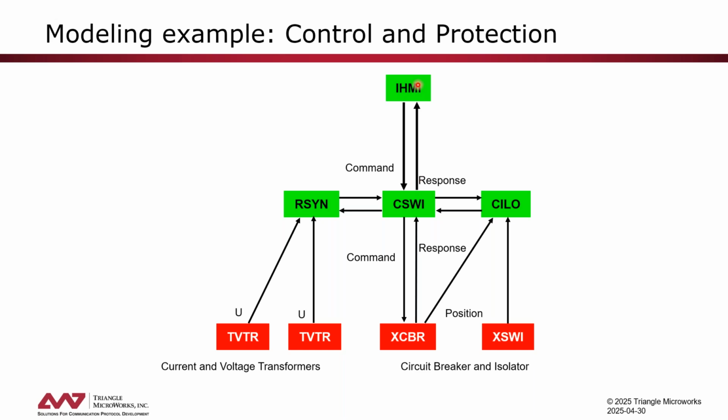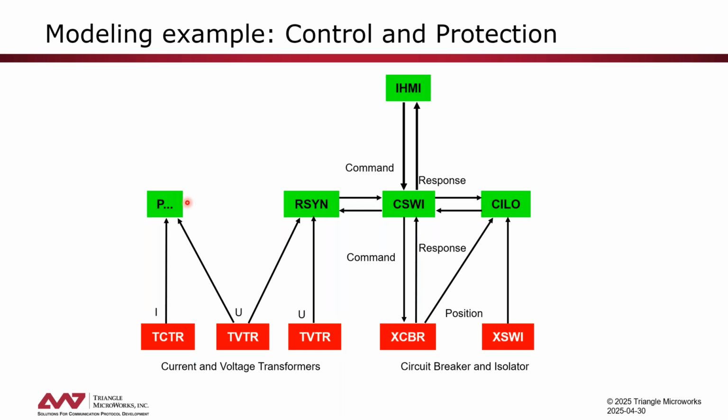We get responses back that will also go to the HMI if the operation was successful or not. We also have protection logical nodes involved. So the protection logical nodes are permanently monitoring currents and voltages depending on the functionality.